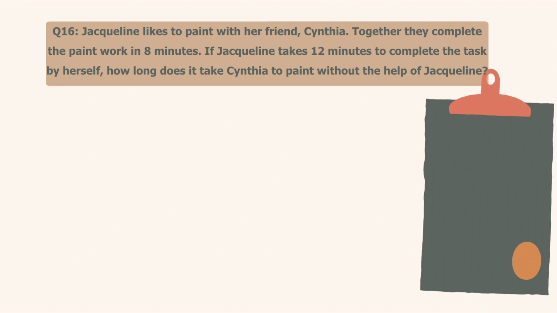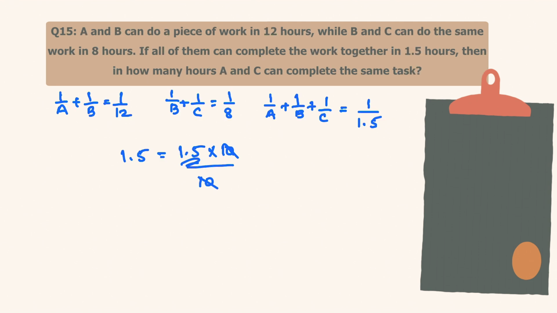The idea is we want 1.5 in a fraction format. It is a decimal format now. So 1.5 into 10 by 10 is equal to 15 by 10, which, if you cut it with 5, you will get 3 by 2. So instead of writing 1.5, I am writing 3 by 2. Is that clear?